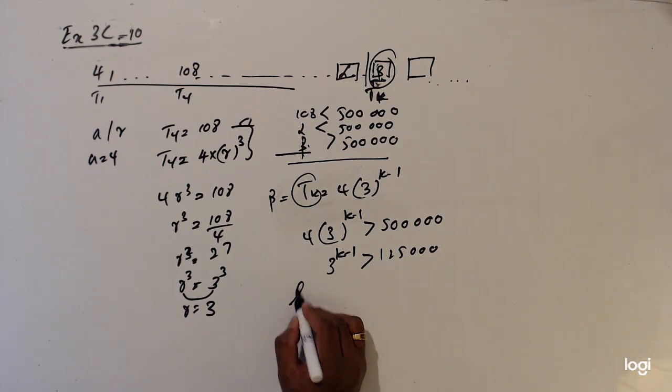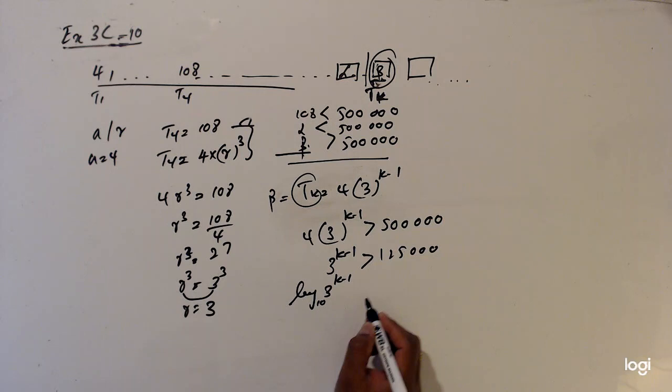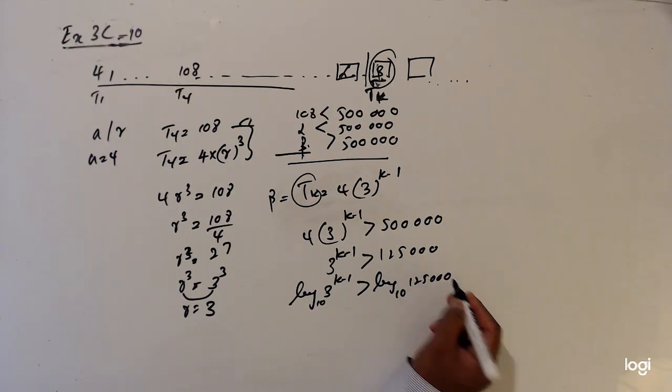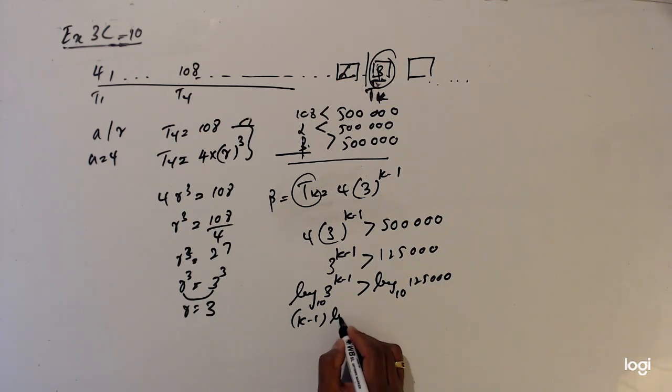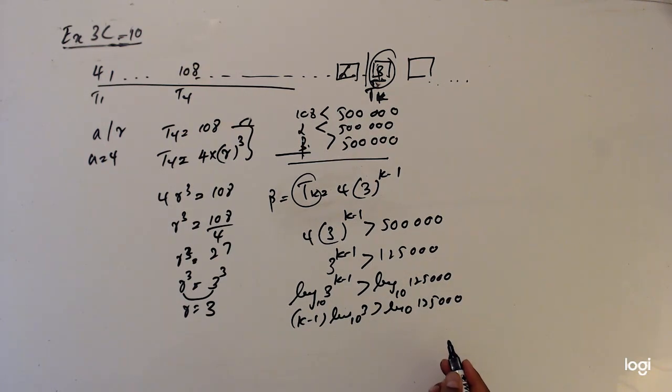So log base 10 of 3 to the power k minus 1, log base 10 of 125,000. And then this will become k minus 1 times log 3 greater than log 125,000, so k minus 1 is greater than log 125,000 divided by log 3.